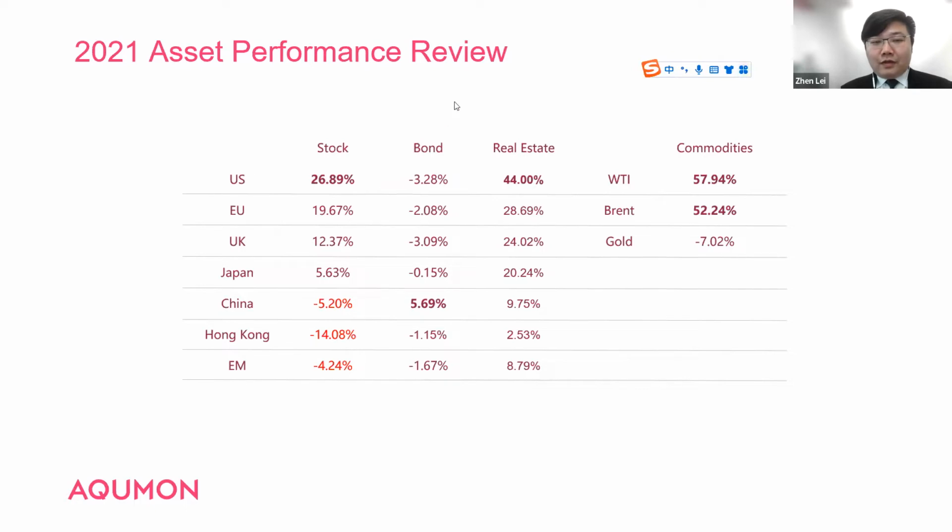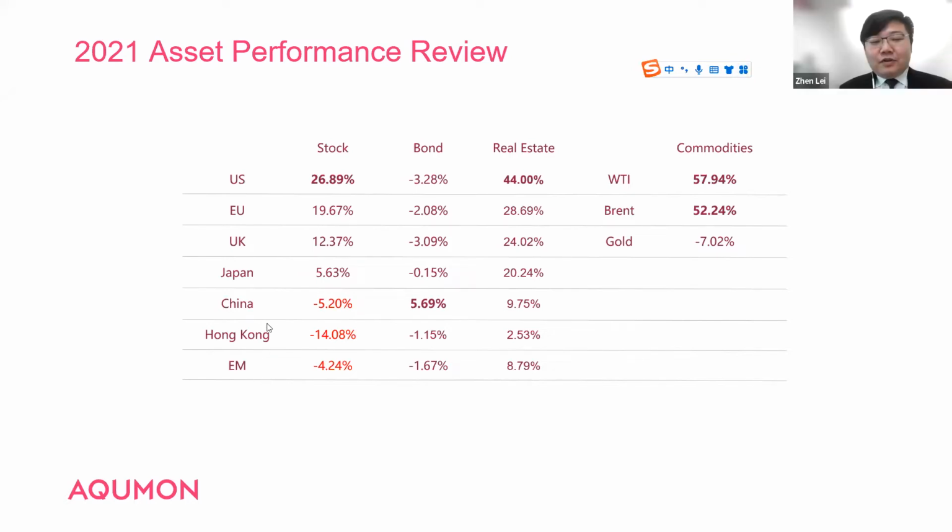Therefore, we can see that they actually experienced a good stock market. And for the US, the S&P 500 went up around 26.89%, and the other end was China, Hong Kong, and the other emerging markets.